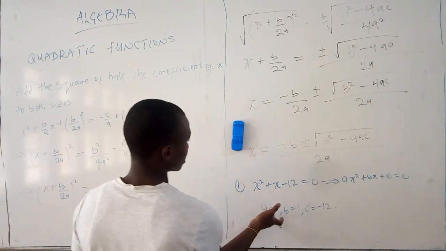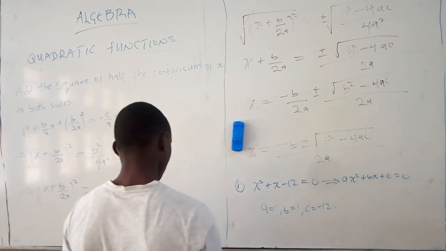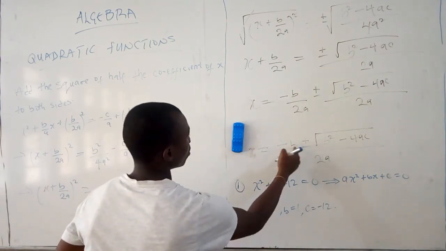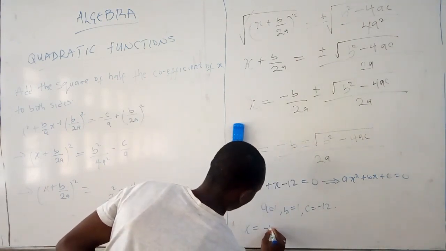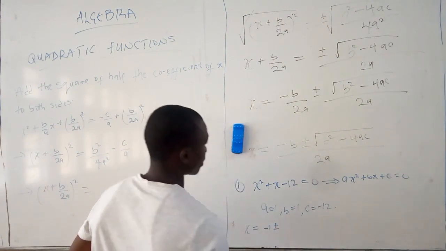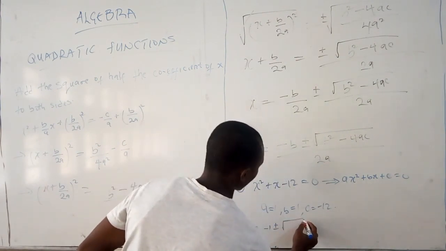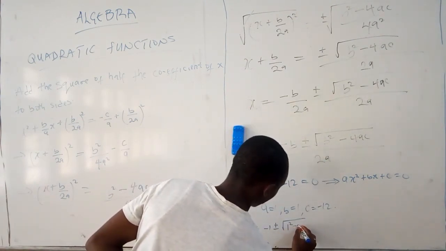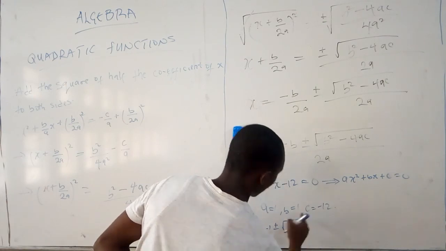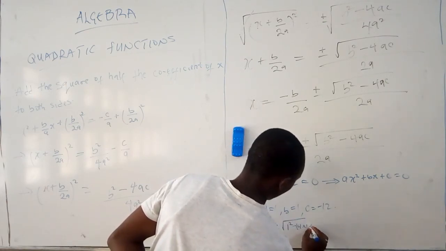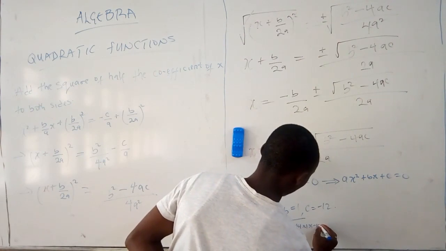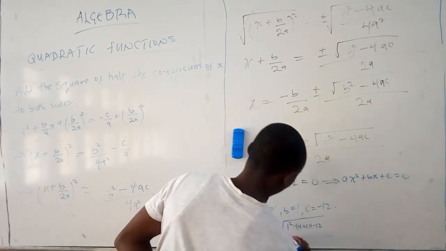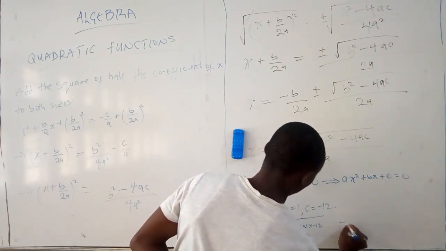So you will now take these data and input it into the formula. If you input it into the formula, x will now be equal to minus b. Your b is 1. So minus 1 plus or minus root of b squared, which is 1 squared, minus 4 times your a is 1 and your c is minus 12, all over 2a. That's 2 times 1.